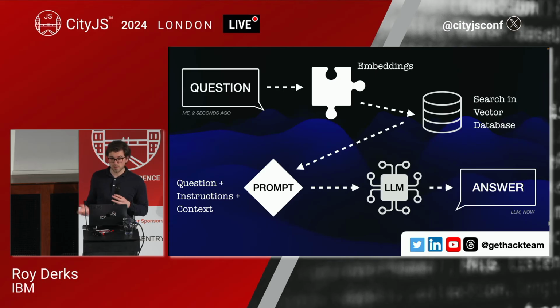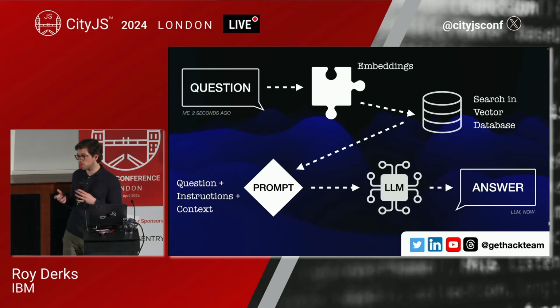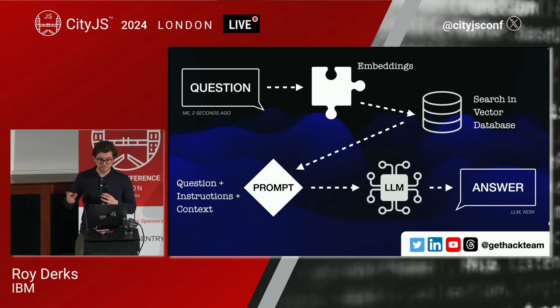So this could be documents, it could be invoices, it could be data coming from your CRM or your CMS. And then the vector database will find the most relevant bits of data and inject it into your prompt. So your prompt is now no longer a set of instructions and your question, but it also includes relevant data that the LLM can use to best answer your question. So this will all go to the LLM, and then you will get your response back.